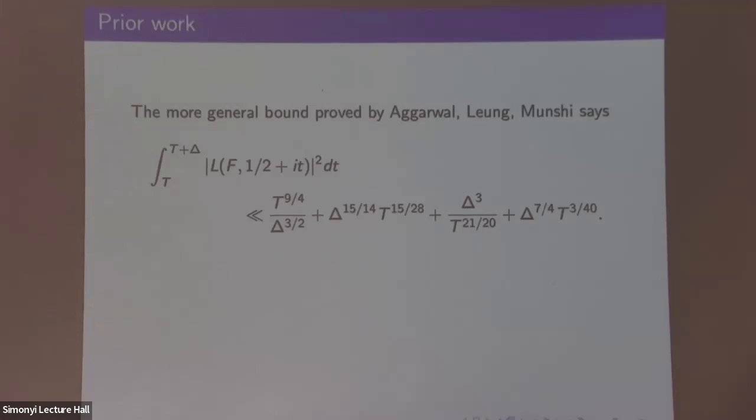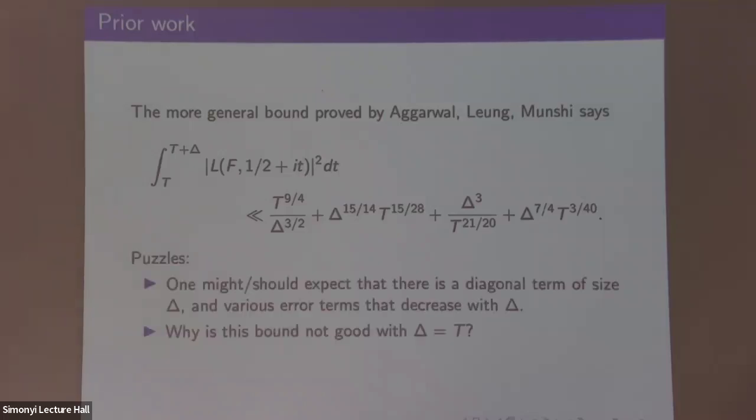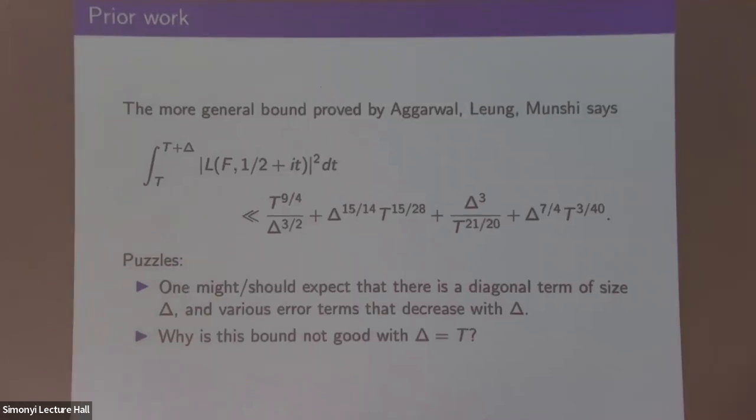I simplified it on the previous slide, but what they actually state in their paper is this expression that has these 4 terms, and it has some features that I personally found puzzling. My own intuition on this type of thing is that there should be a diagonal term of length delta, because that's the measure of the set that you're integrating over. So you should have a term like delta.